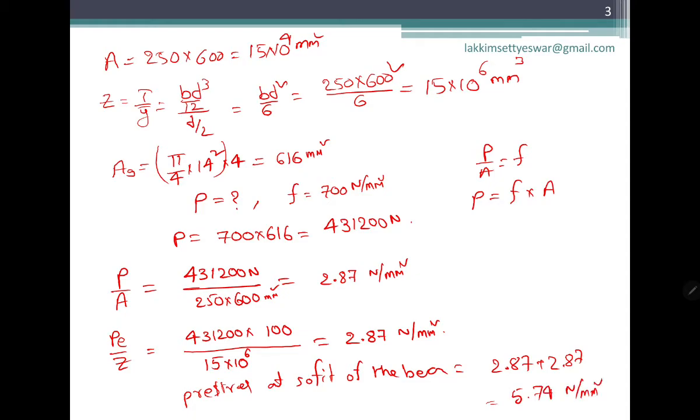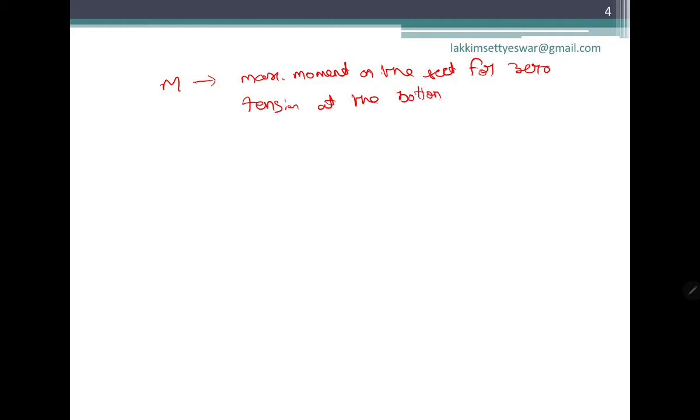Now we need to calculate the bending moment. So bending moment M is equal to maximum moment on the section for zero tension at the bottom face.